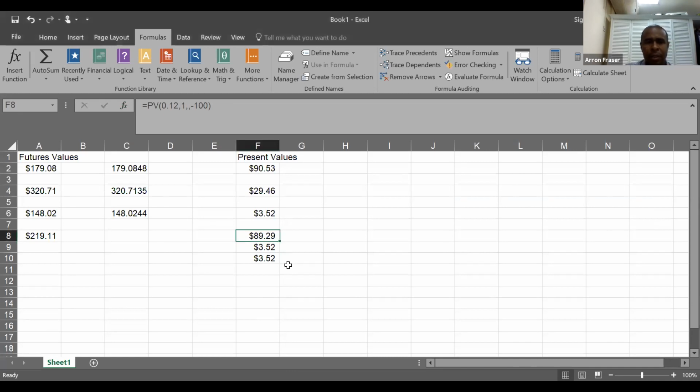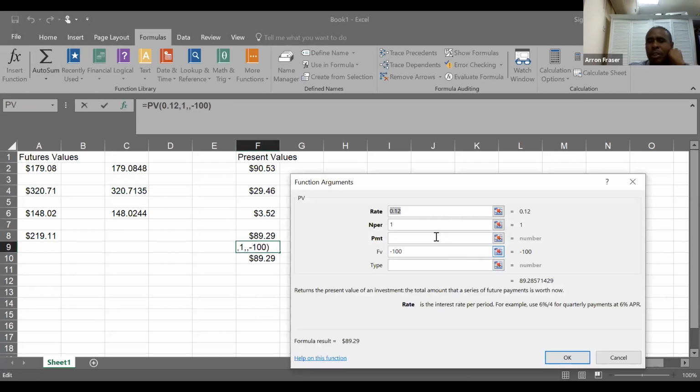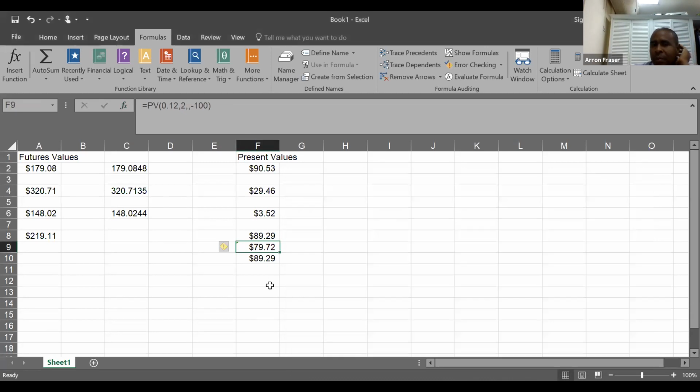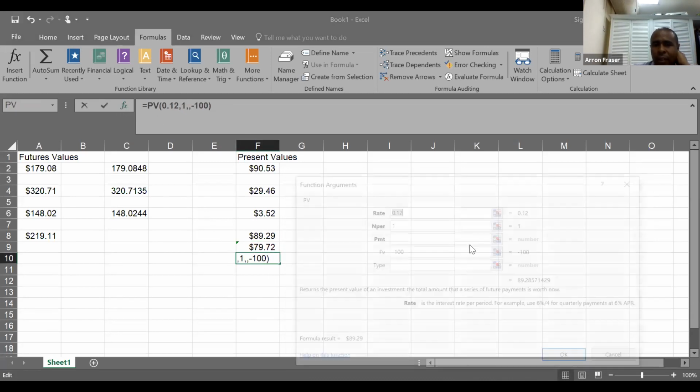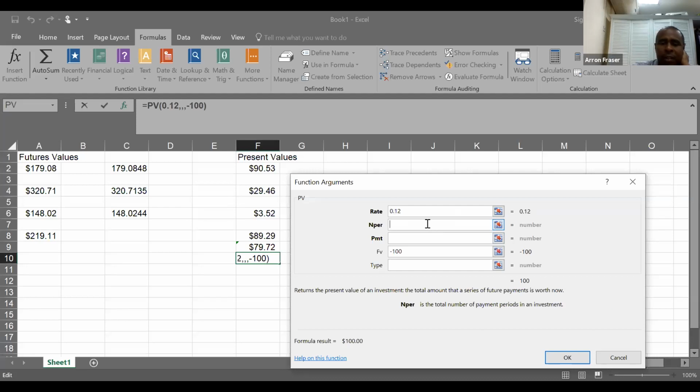And the second one, let's copy it. The only thing you're going to change is the period. So that's for 2 years. So the percentage remains the same. And then for the third one, the only thing you change is the period. So that'll be 3 years.